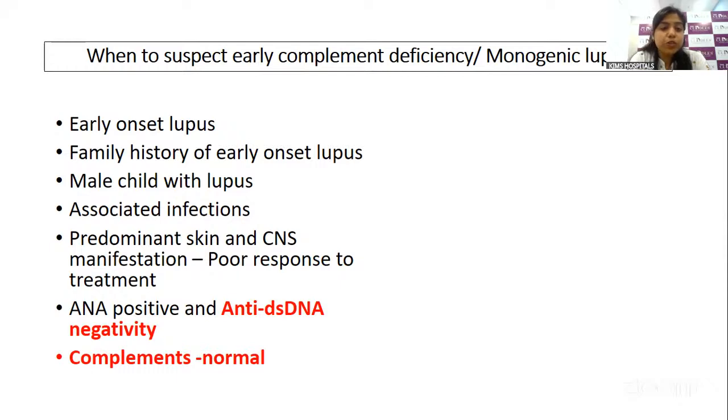When the ANA is positive and dsDNA is negative, and complements can be normal, or C3 low and C4 normal, or both normal, then we should think of monogenic lupus.